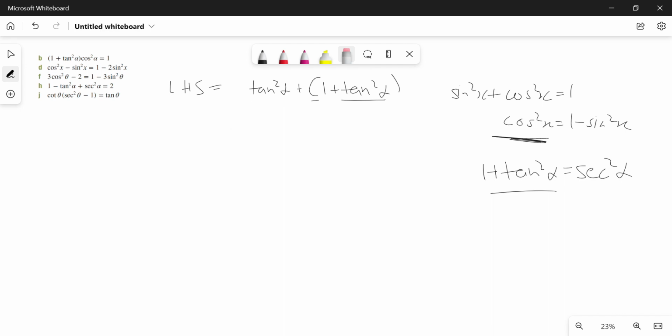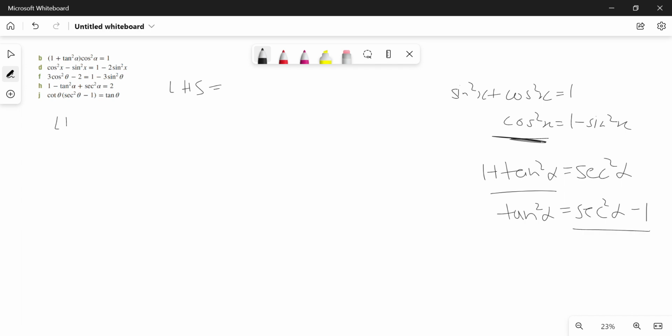Alright, the last one, J. For J, we could do a few different things there. We could use sec squared minus 1. Why don't we do that? If I rearrange this identity here, I get sec squared alpha minus 1 equals tan squared alpha. I'm going to write that on the side.